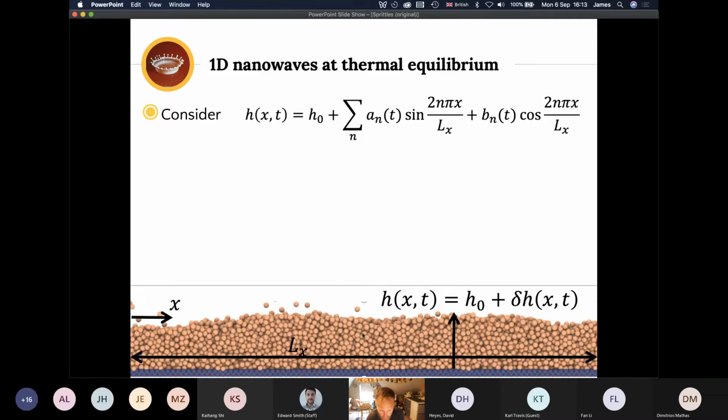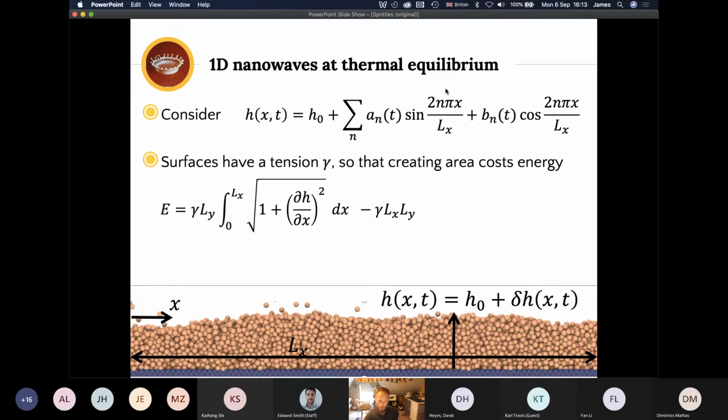Now, this is something that's fluctuating, and so we only expect to be able to derive the statistical properties of these things. The argument we make is an energy one. We ask, what is the extra energy associated with these waves appearing? The energy is going to be proportional to the surface tension times the area.